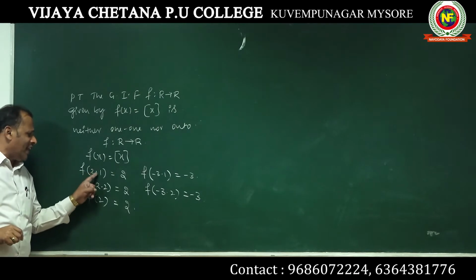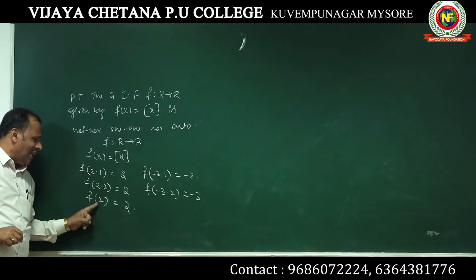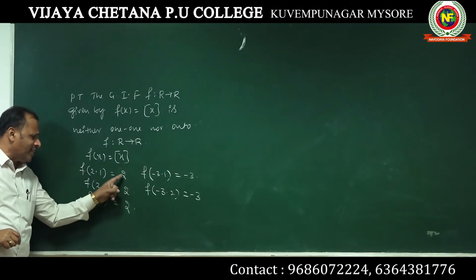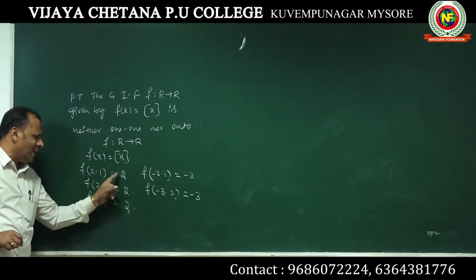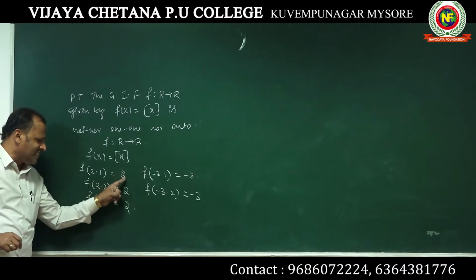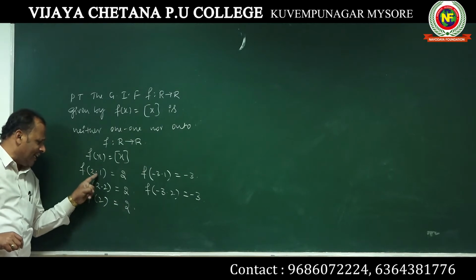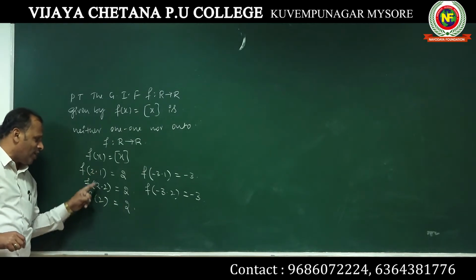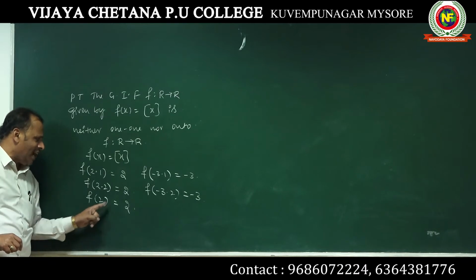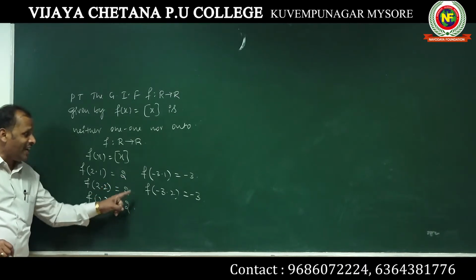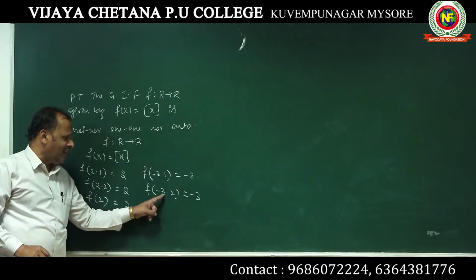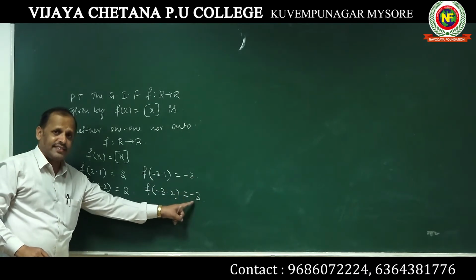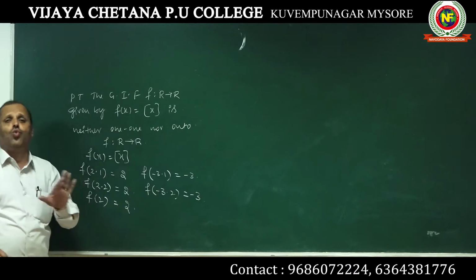For the elements of the domain 2.1, 2.2, 2, I have taken 3 different elements having the same image 2. Here also I have taken 2 different elements of the domain having the same image minus 3. Therefore, it is not 1-1.